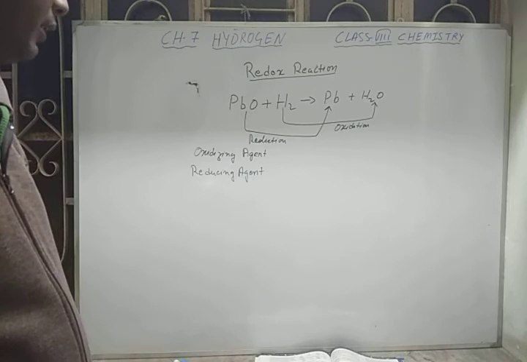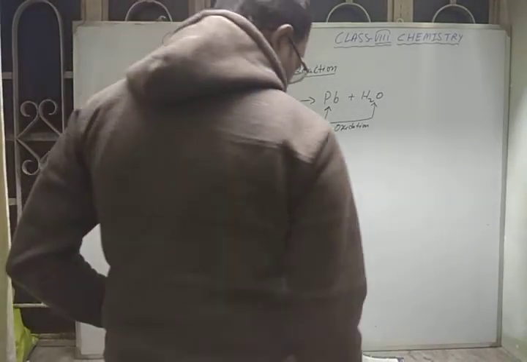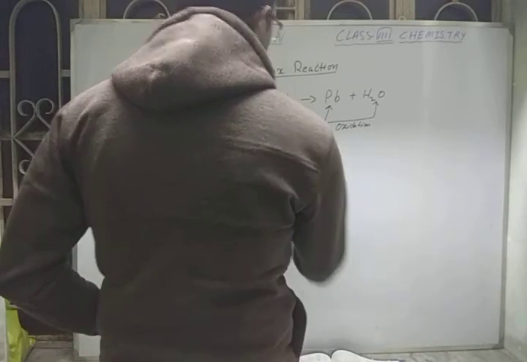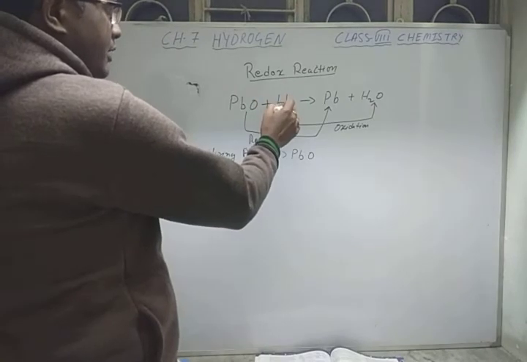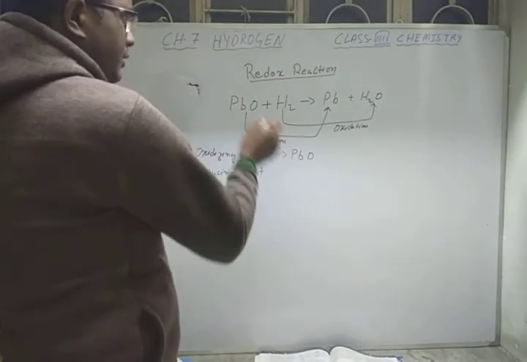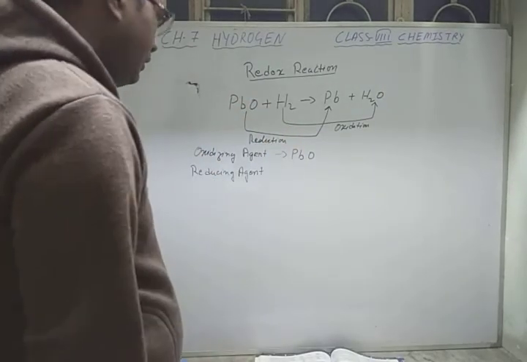So ultimately we can say lead oxide, PbO, is an oxidizing agent, because lead oxide helps hydrogen combine with oxygen to form water.